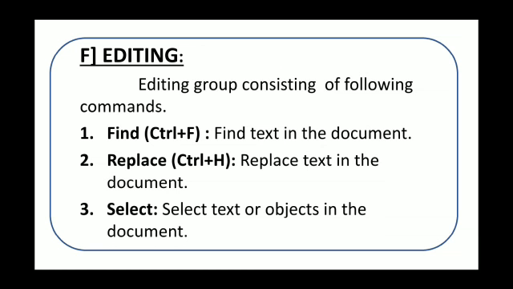Like if you typed a whole document of 100 pages and 120 words are wrongly typed, you can search that word and replace it using the Replace option. Shortcut keys are Ctrl F and Ctrl H. And Select is used to select the objects or documents.